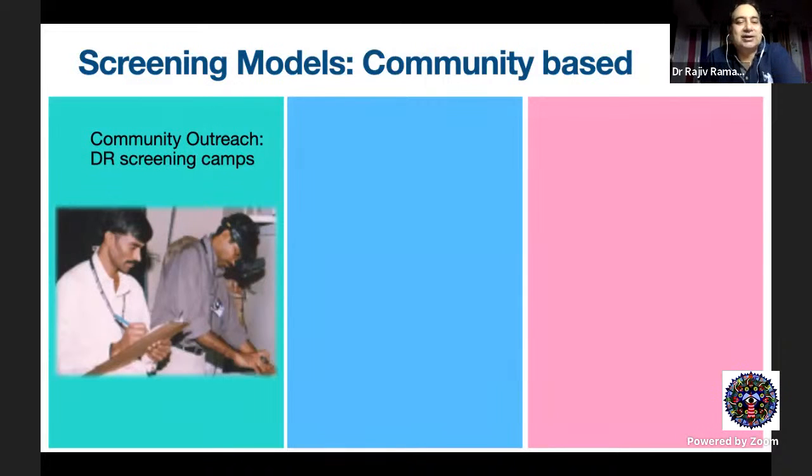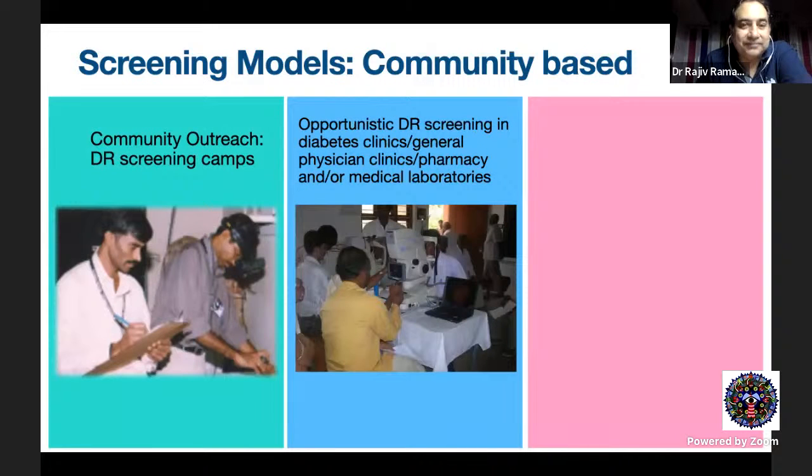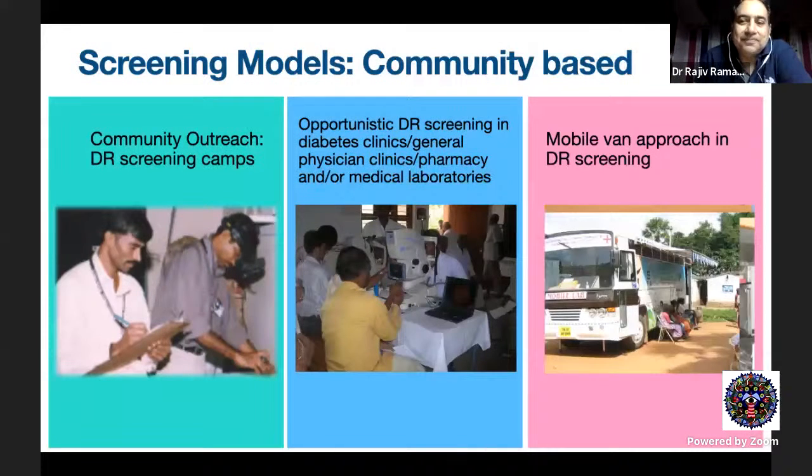We used this in one of our Lions Club programs, very successful, where we screened nearly 50,000 people in South India. You can do opportunistic retinopathy screening in a diabetes clinic, general physician clinic, pharmacy, or medical lab, where you can put a non-mydriatic camera, a trained person can take the images, and an ophthalmologist or a grader can grade these images.